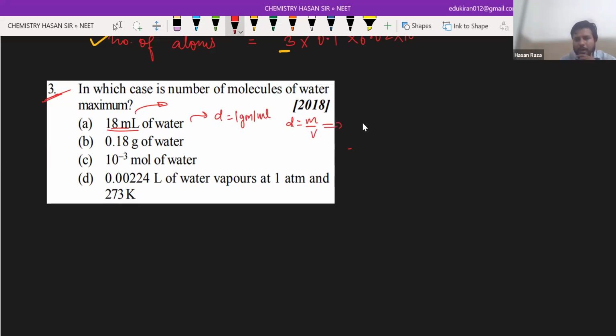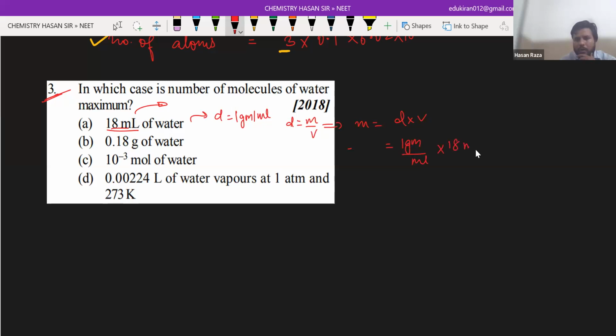mass will be density into volume. So density is 1 gram per ml, that is given.